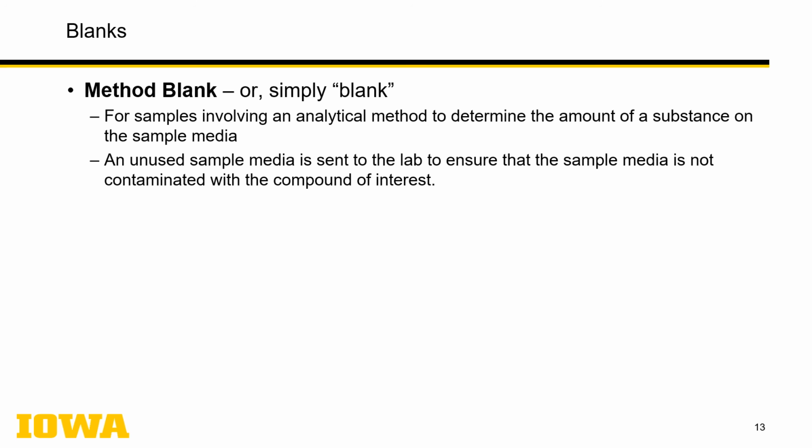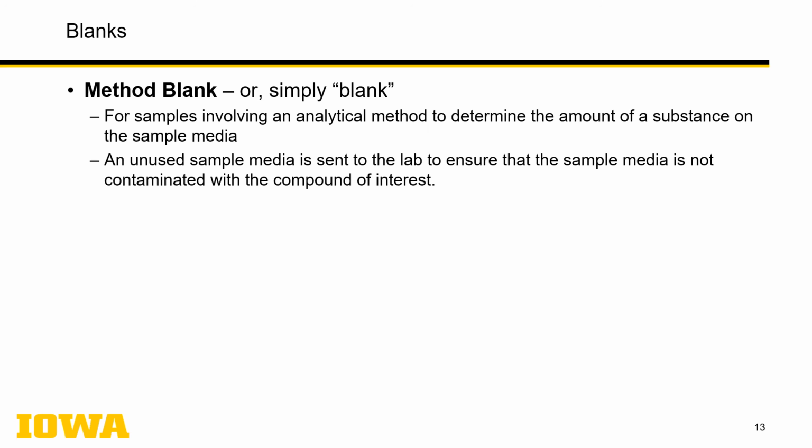Okay, a third type of blank is what I might refer to as a method blank, or again, simply, in this case, the blank. And this is for any type of analysis, again, for which you are collecting your material, whatever it happens to be, onto a media of some sort, which then goes to a lab for analysis.